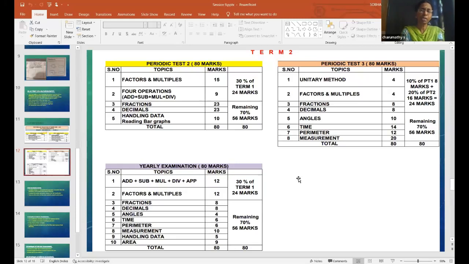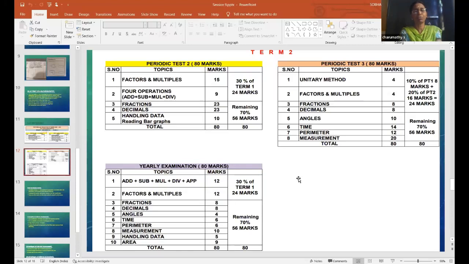The new topic, apart from what they have learned in periodic test 2 and periodic test 3, is area, and area is given more weightage. Measurement, an important topic which was tested only in periodic test 3, had a maximum weightage of 10 marks.